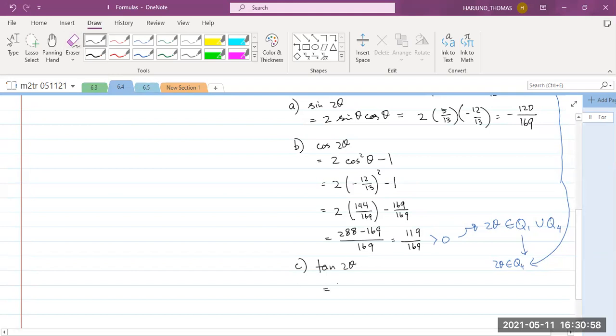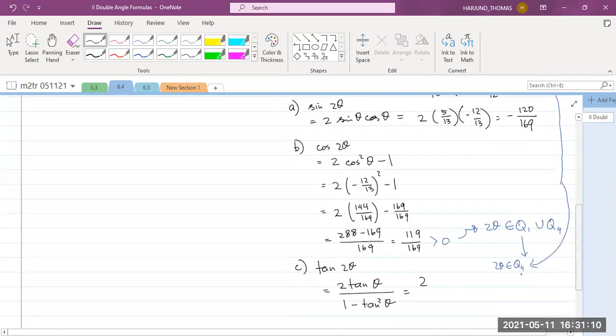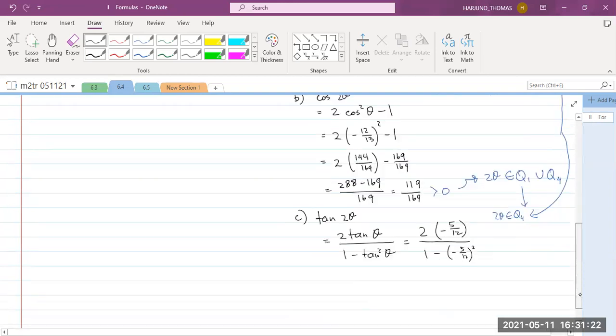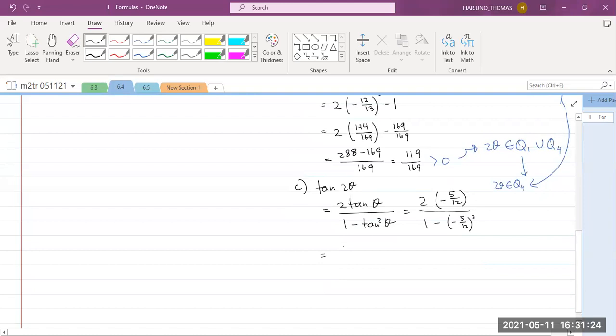Tangent 2 theta is 2 tangent theta over 1 minus tangent squared theta. This is 2 times, what is tangent theta? Negative 5 over 12, over 1 minus negative 5 over 12 squared. That is negative 10 over 12 over 1 minus 25 over 144.